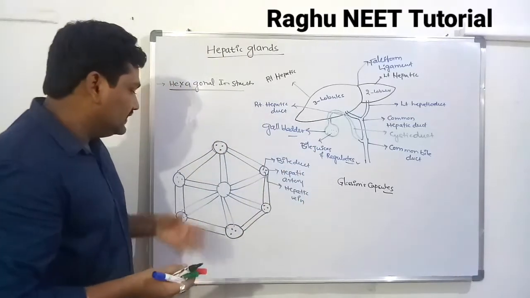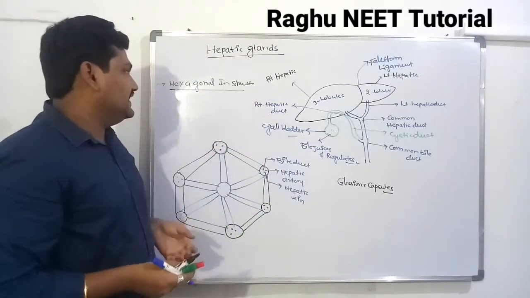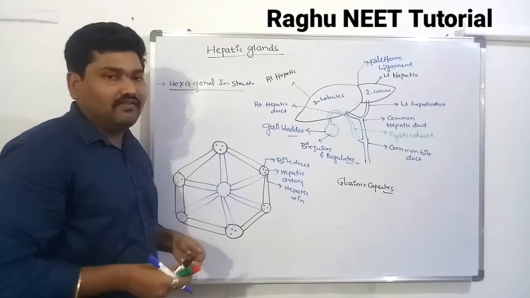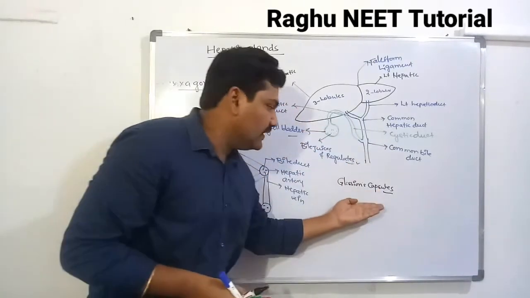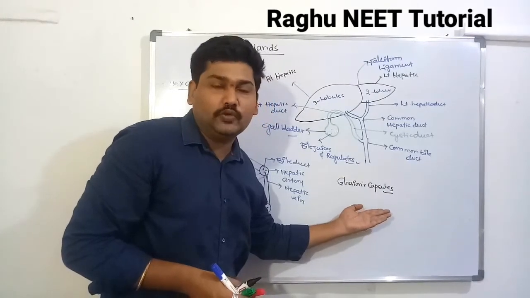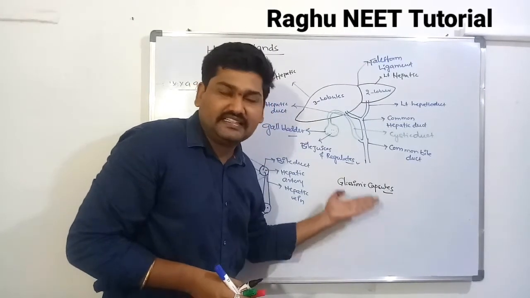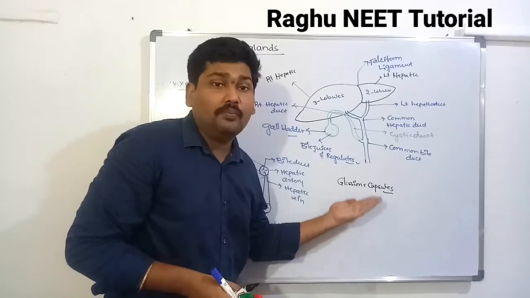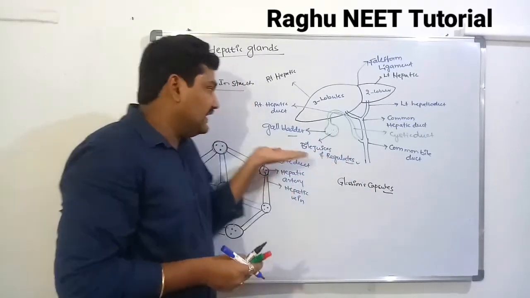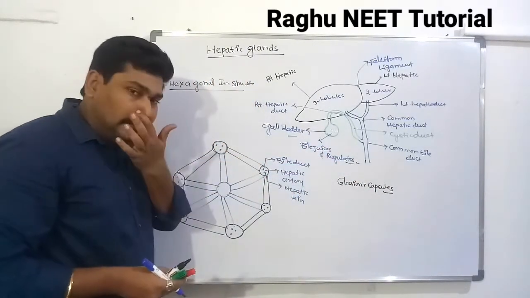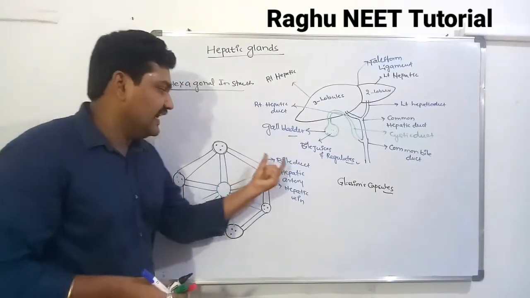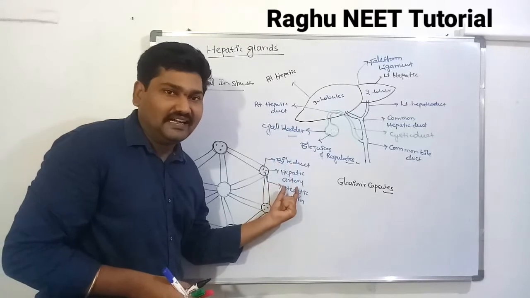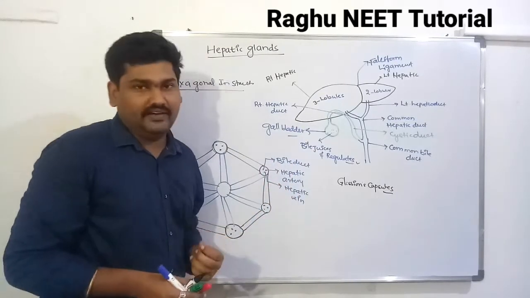The hepatic lobules look hexagonal in structure, and are completely covered by the outermost fibrous connective tissue sheet known as the Glisson capsule, a protective membrane of the hepatic lobules. The edge of the hepatic lobules has three different types of vessels: the bile duct, hepatic artery and hepatic vein.